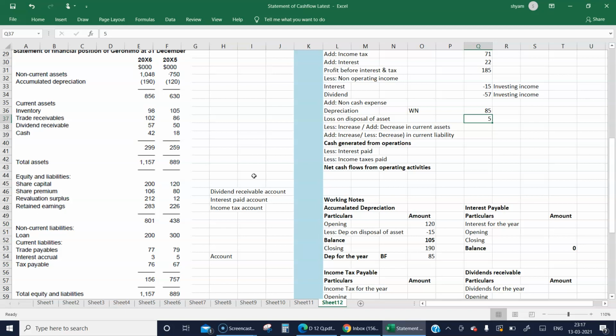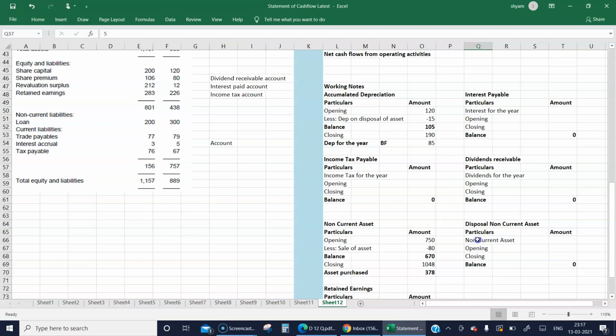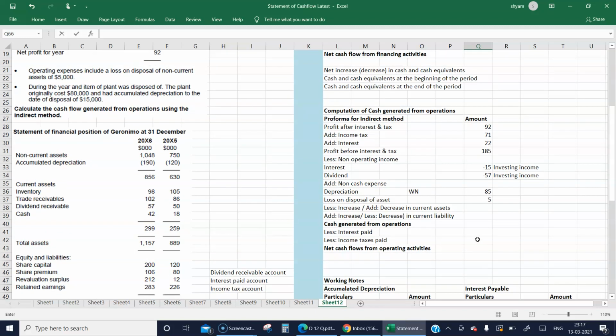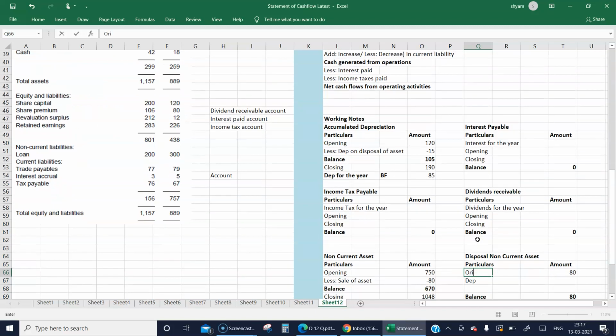Now we have the disposal account. Look at the disposal account. We have sold 80 worth of an asset. The depreciation on that particular machine was, at the original value, 80, and depreciation on it is 15.